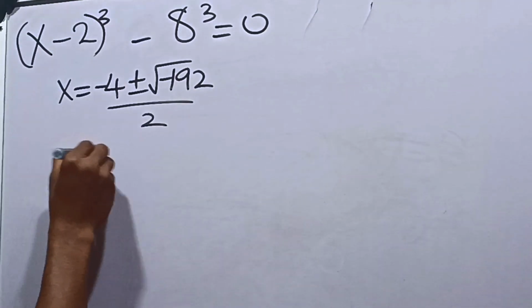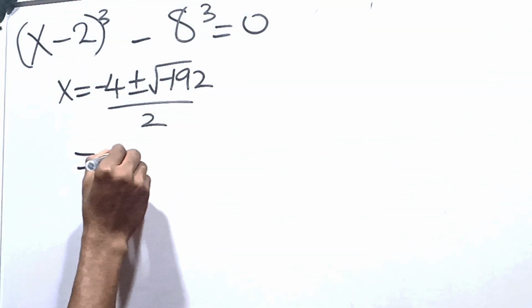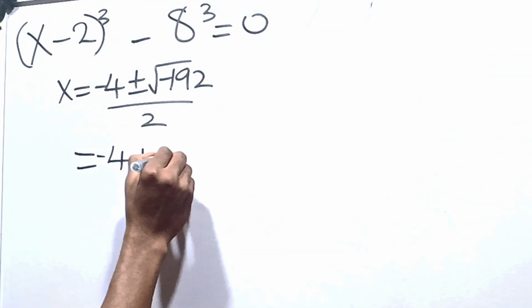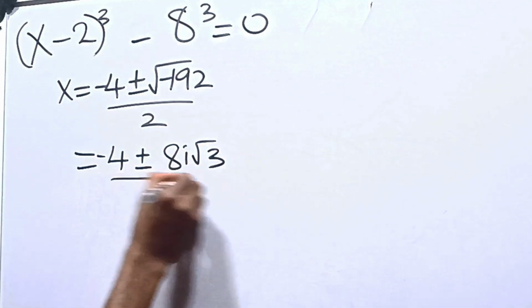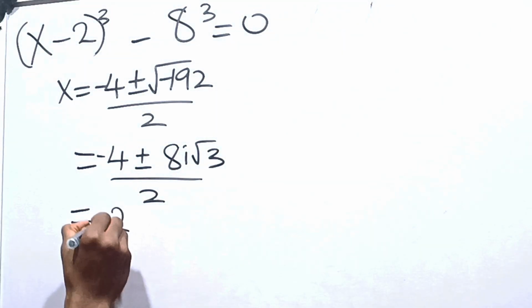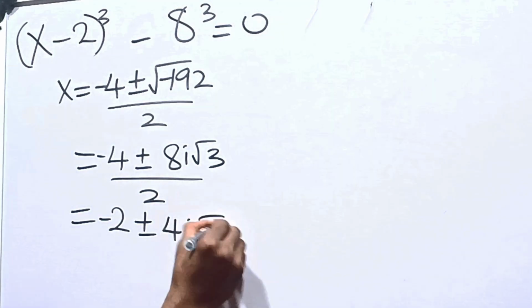Now, as we had before, this is 8i root 3 divided by 2, which is equal to −2 plus or minus 4i root 3.